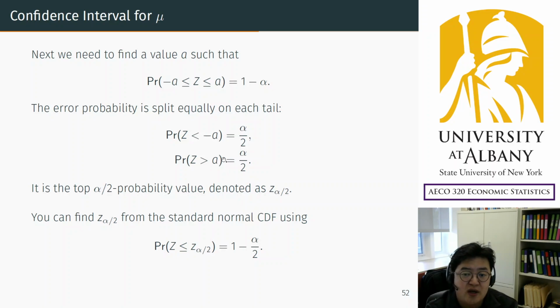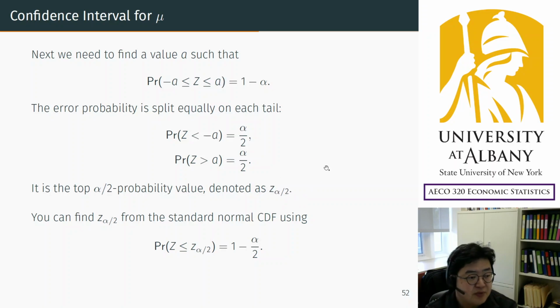So you may call a the top alpha over 2 probability value, right? So if alpha was 10%, then a should be the top 5% value. In that way, we are going to define this as lowercase z subscript alpha over 2. That corresponds to a, right?